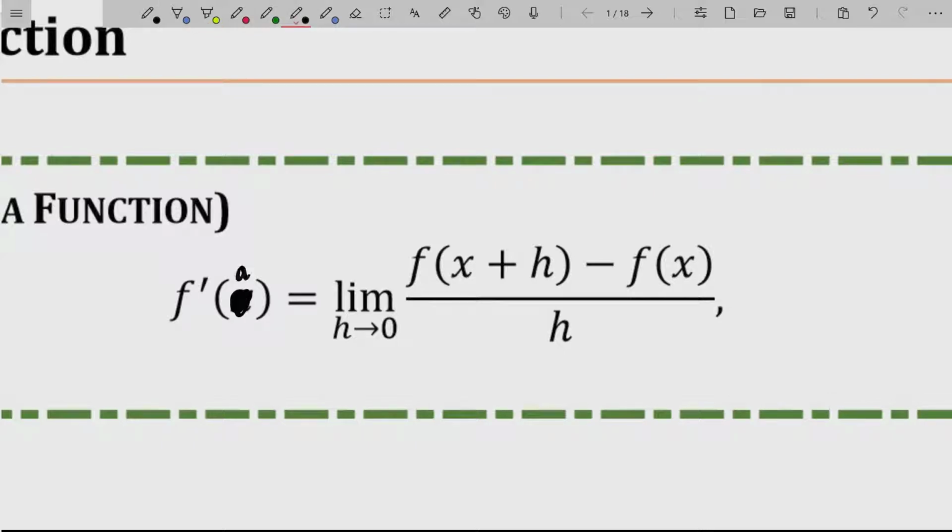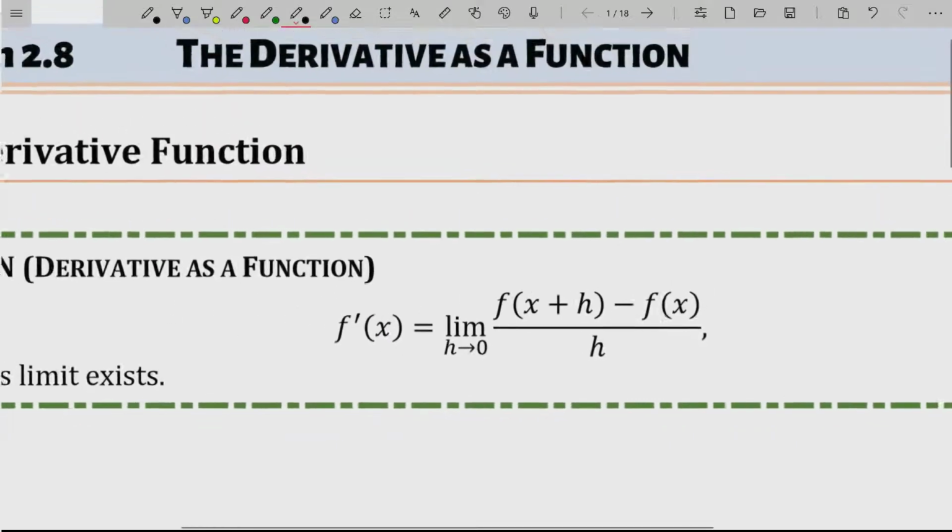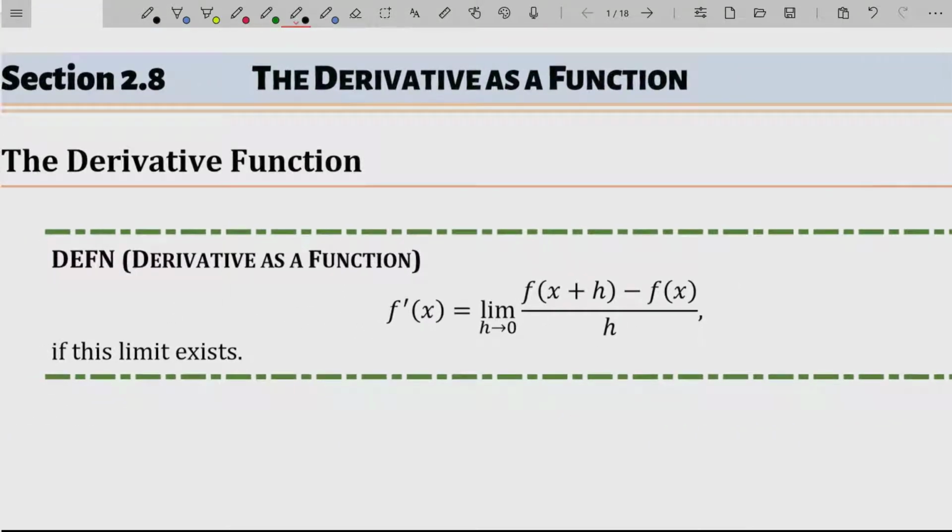So the derivative at a point a is equal to the limit as h approaches 0 of the function evaluated at a plus h minus the function evaluated at a, and then that is all divided by h. And so we now just make that general and call it x. That's really the only difference between the derivative as a function and the derivative at a point.